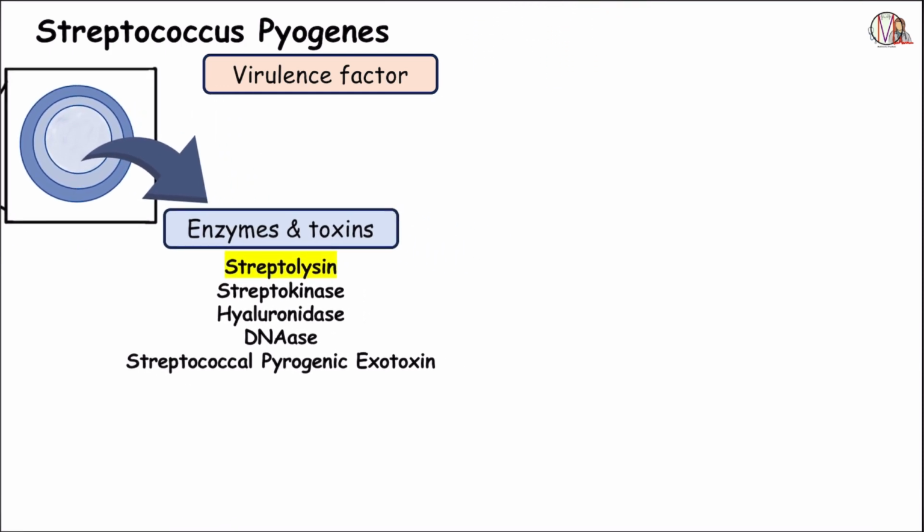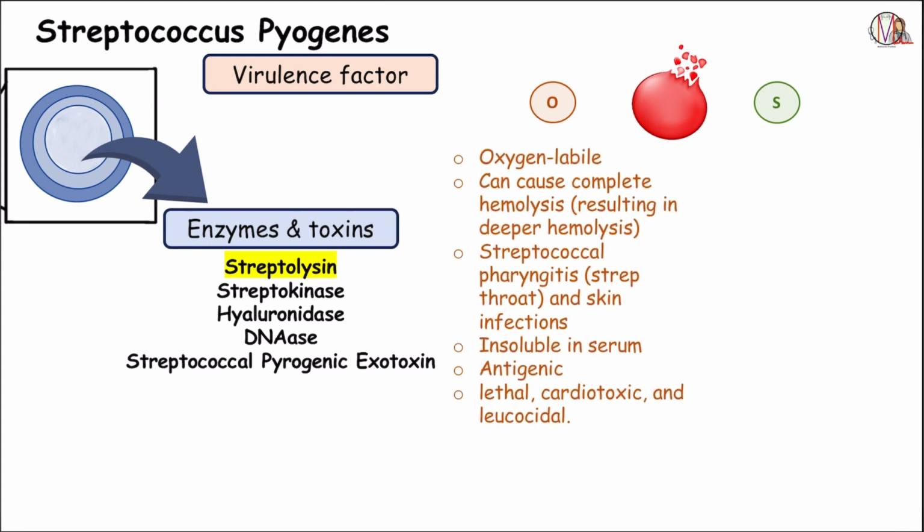Streptolysin refers to a group of toxins produced by Streptococcus bacteria that can cause the lysis or destruction of red blood cells. There are two main types of streptolysin: Streptolysin O and Streptolysin S. Streptolysin O is an oxygen labile, oxygen sensitive enzyme that is active in the absence of oxygen.